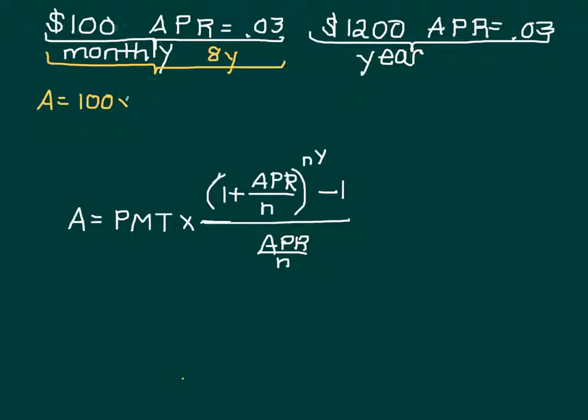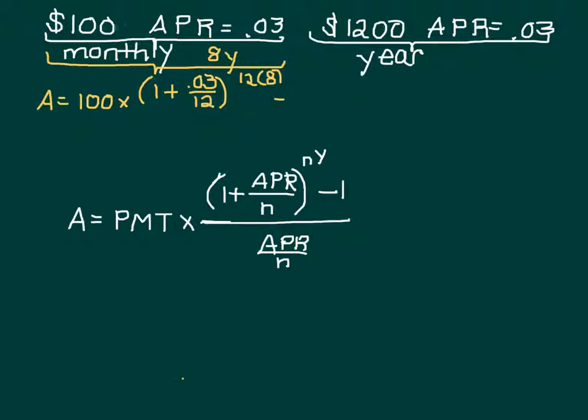times. Okay, in the numerator we have 1 plus the interest rate, which is 0.03 divided by n. And in this case, since she's depositing monthly, n is 12 times per year. And then this is raised to the n times y, which is 12 times the number of years. N is 12, the number of years is 8.